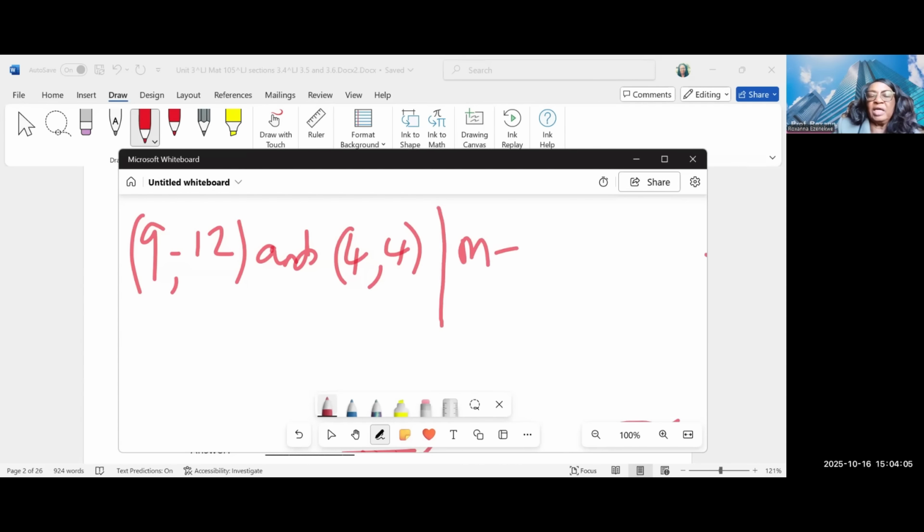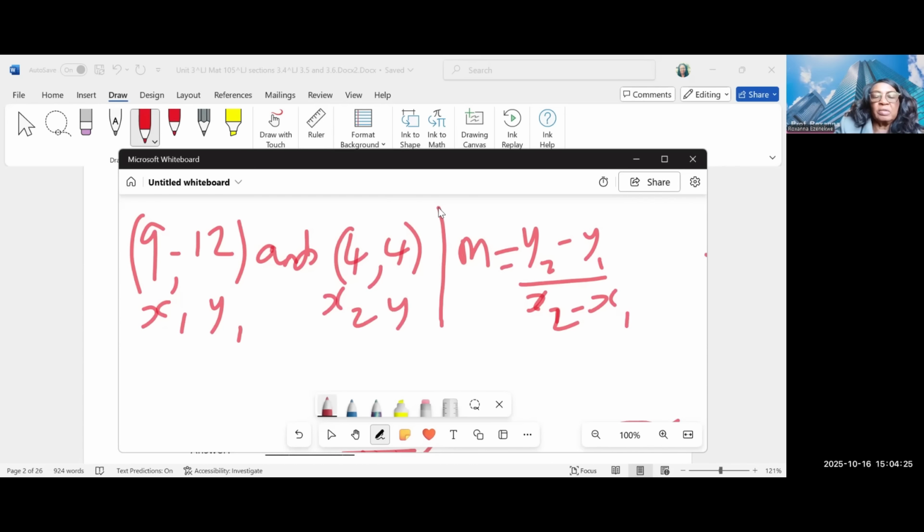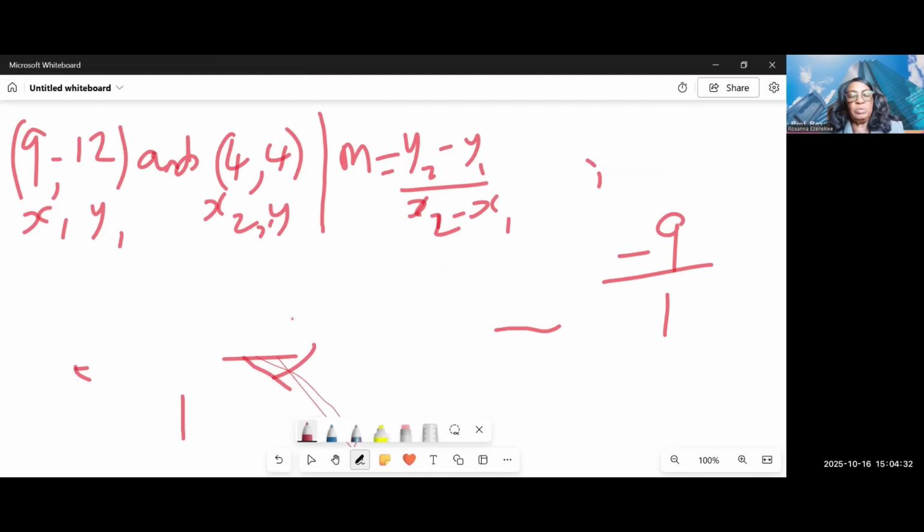So the slope of the line is y2 minus y1 over x2 minus x1. I'm going to call the first point x1, y1, and the second one x2, y2. Now I am going to find the slope, then use the slope and one of the points to find the equation of the line.